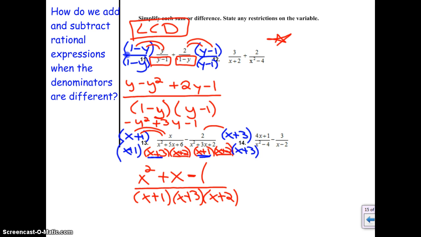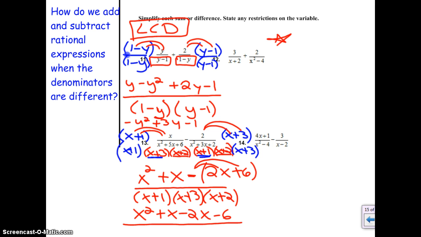So now 2x times 3 is going to be 2x, and then 2 times 3 is going to be 6. So now I've rewritten and I've distributed, so my last job is going to be to simplify. So let's see, I have an x squared plus x minus 2x, if I distribute, and minus 6. And then my denominator is still the same.